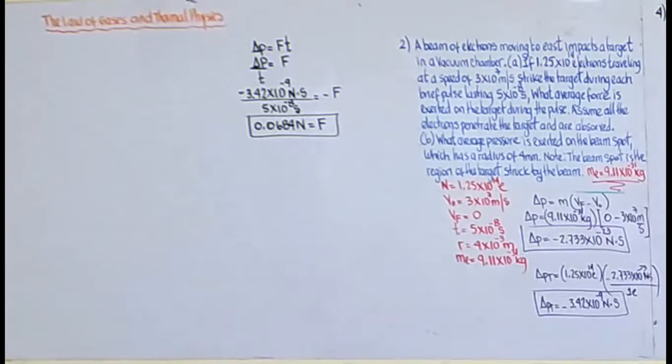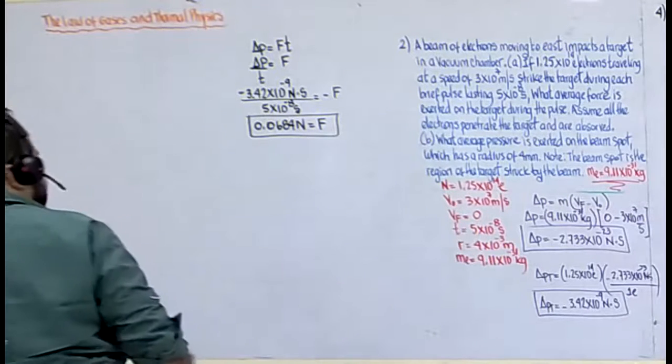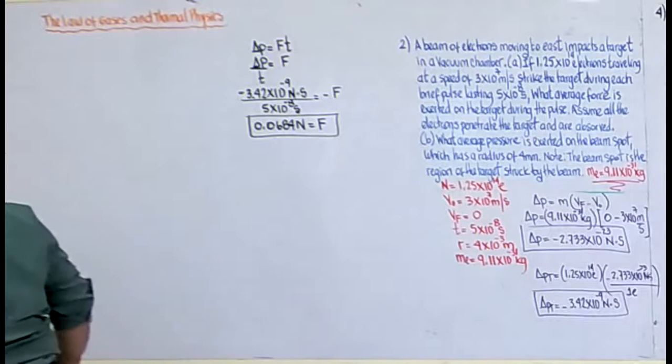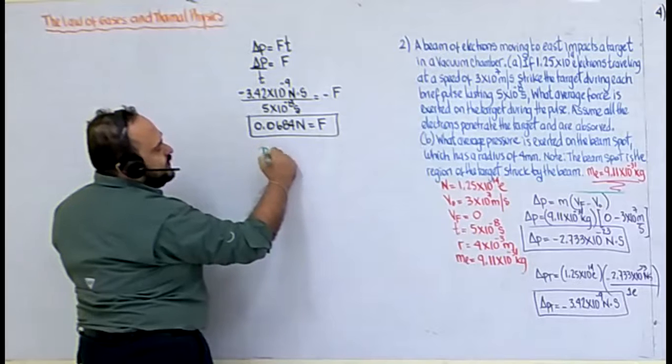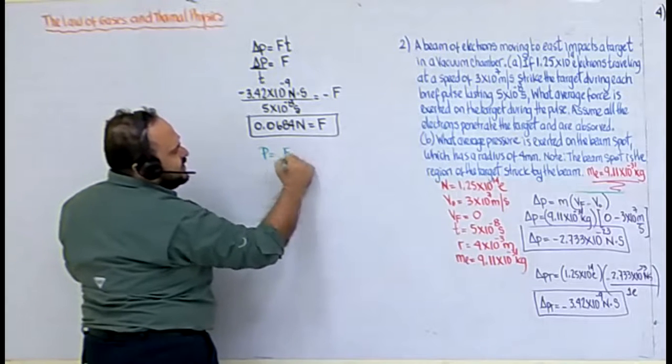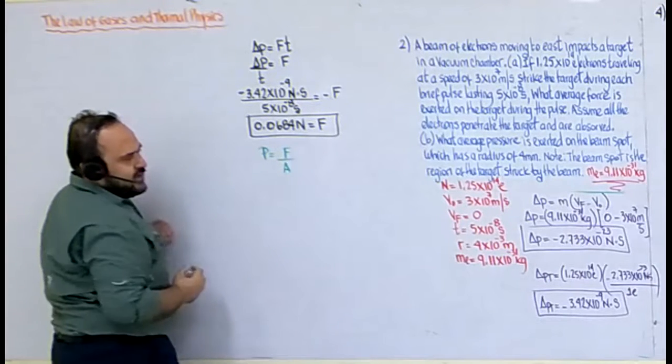Calculate the area of the tangent and then force divided by area. Exactly. We have to apply the Pascal principle or the definition of stress. You have the right answer, because pressure is the quotient between the applied force divided by the unit area.